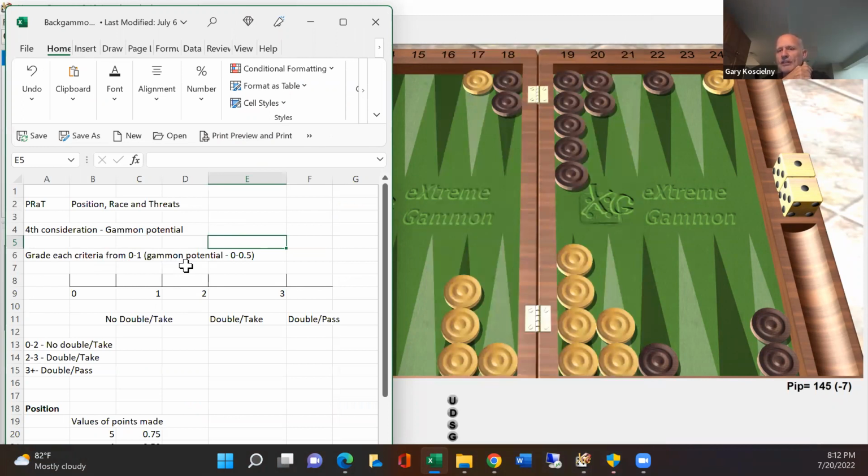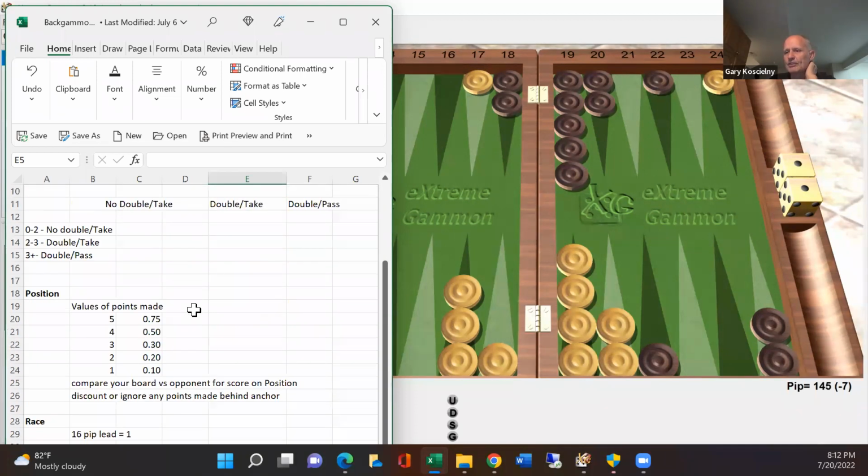The fourth one, even though it doesn't get a letter in the PRAT, is the gammon potential. We assign a value to our position, and if our value is 2 or more, we're going to double. If it's 3 or more, it's a double and a pass. So 2 to 3 is a double and a take, 3 or more is a double and a pass, and below 2 is no double.